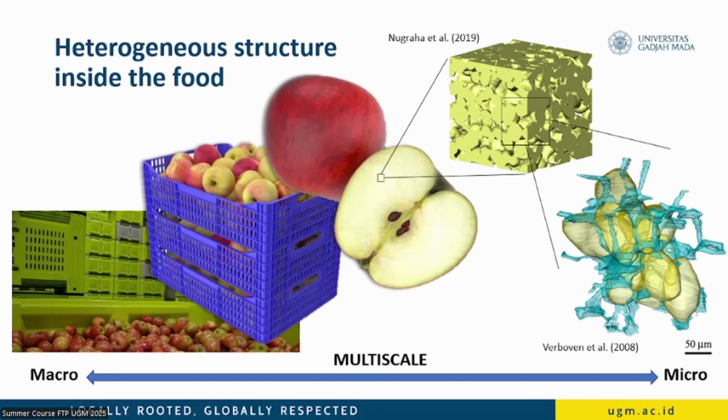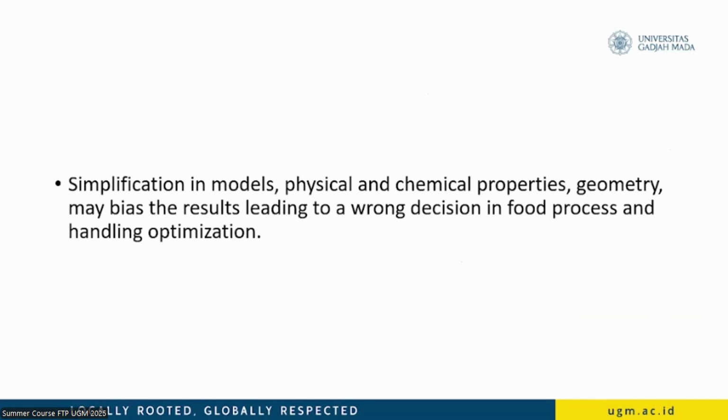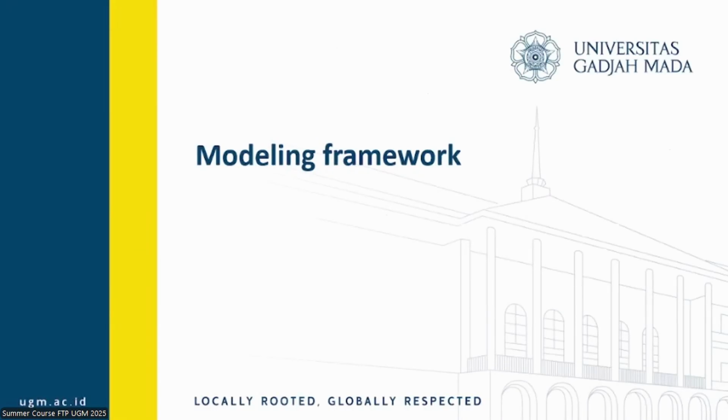We can call it multi-scale structures. Simplifications in models, physical and chemical properties, geometry may bias the result, leading to wrong decisions in food process and handling optimizations. Okay, we move to the modeling framework.